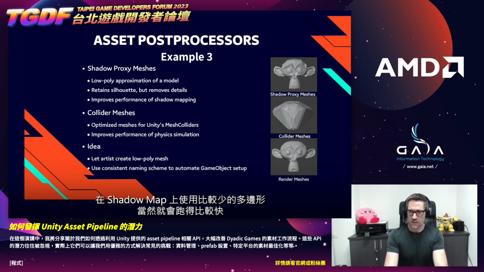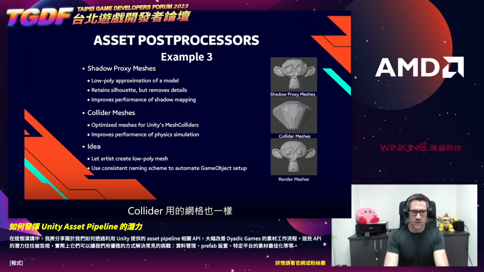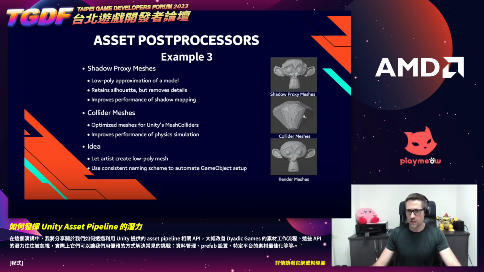So when you have fewer polygons for rendering a shadow map, then of course it will be faster as well. The same can be said for collider meshes. If you don't use the high poly mesh for mesh colliders, but create some low poly approximation like the one we see over here, then you can make the physics simulation much more performant.